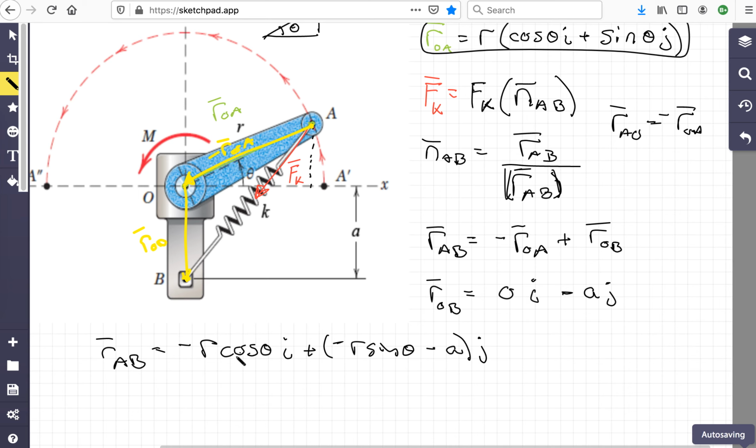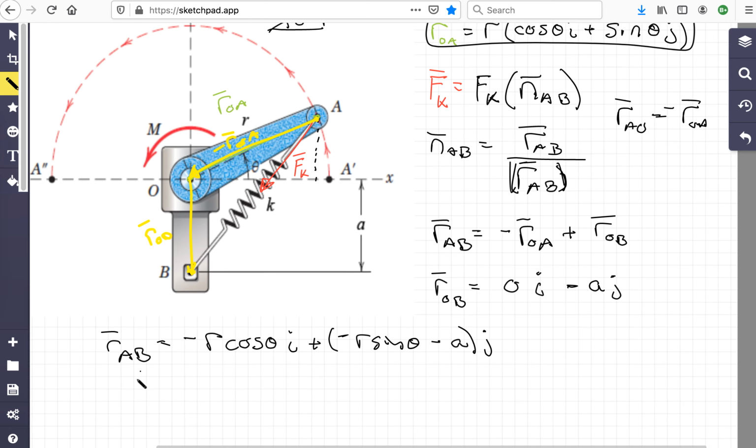This is all done for the RAB vector. And the reason why we're finding the RAB vector is because we have to find the unit vector of NAB, because that force always is in line with this spring.